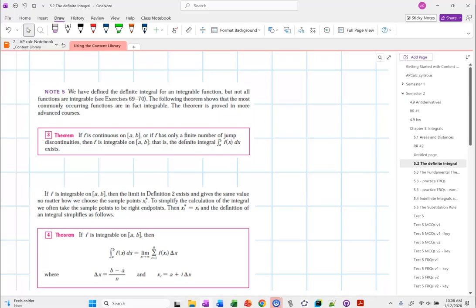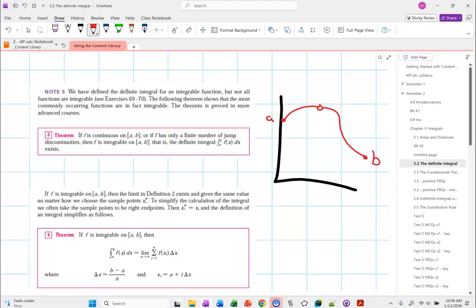Now, you might say, okay, when wouldn't it exist? When can't I find an area under a curve? Does a discontinuity matter? So let's say we have something like this.